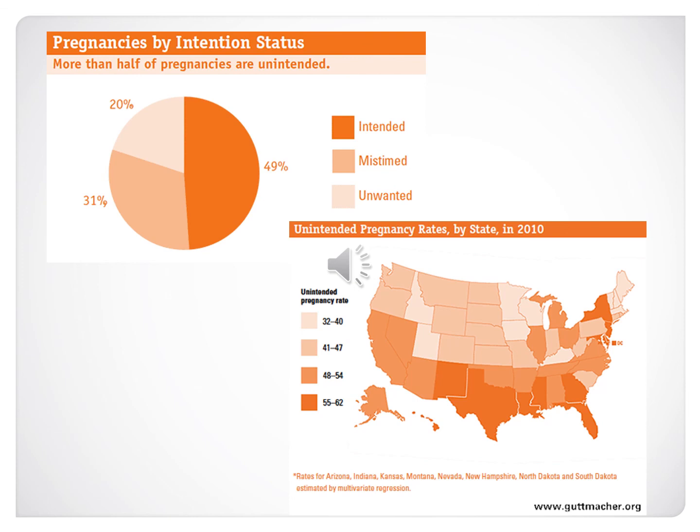Mistimed means that there was a plan to get pregnant, but the timing was off. And unwanted is self-explanatory, that the pregnancy was neither planned nor wanted. The other graph here of the states shows the unintended pregnancy rates by state almost a decade ago.